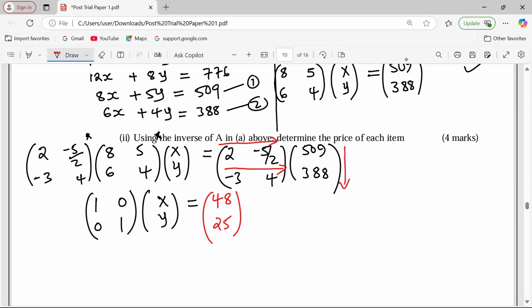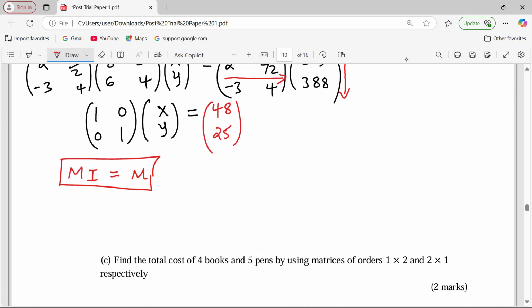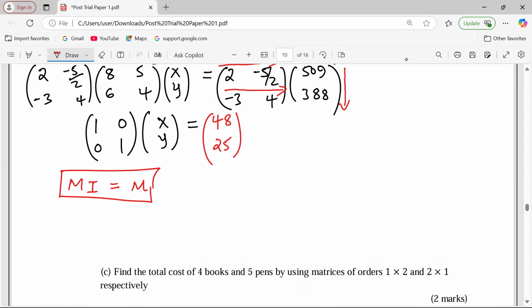So something that we're supposed to know again is that any matrix multiplied by the identity matrix I remains unchanged. This is a rule that we're supposed to know about matrices. A matrix multiplied by the identity matrix remains the same.